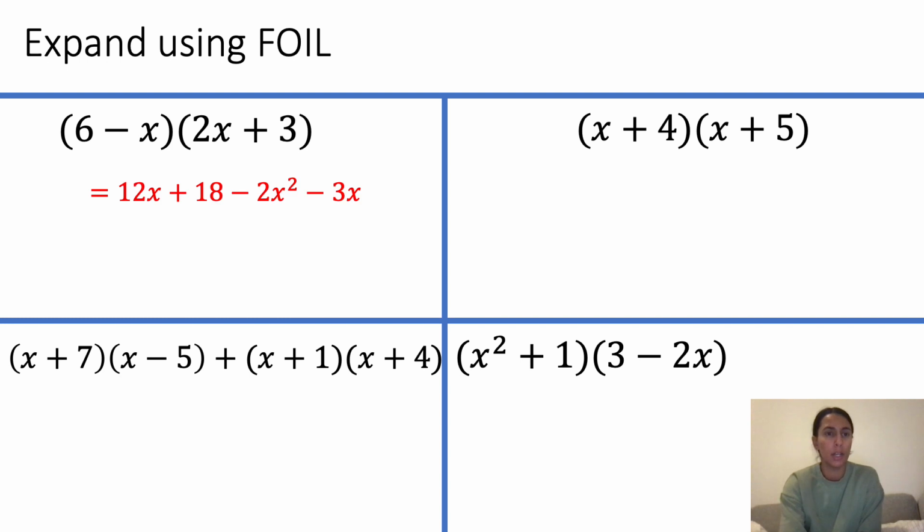Then 6 times 3 to get 18, negative x times 2x, which gives us negative 2x squared, and then negative x times 3, which gives us negative 3x. Then I have collected the like terms. So we have 12x and minus 3x, which simplifies to 9x, plus 18 minus 2x squared.